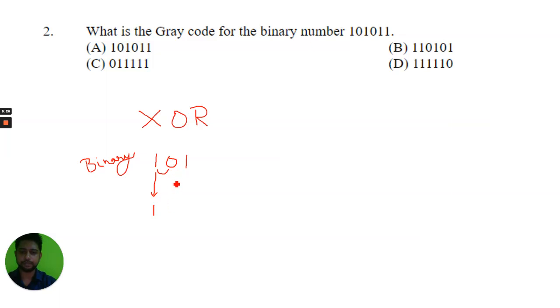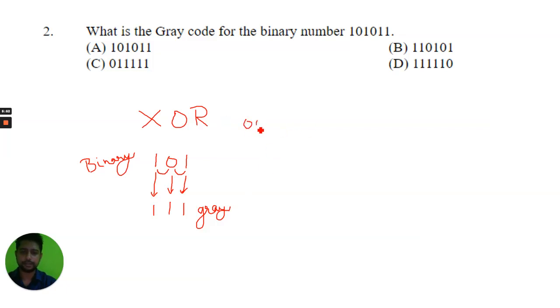So 1 and 0, if we XOR 1 and 0, we get 1. Then we will XOR 0 and 1, and we also get 1. So the gray code for this one is 111.